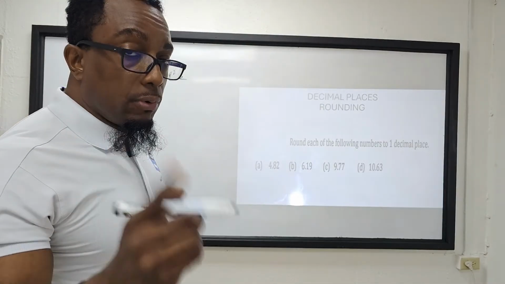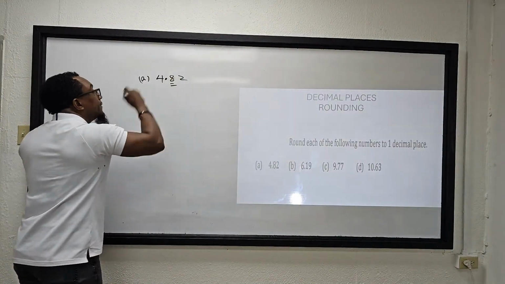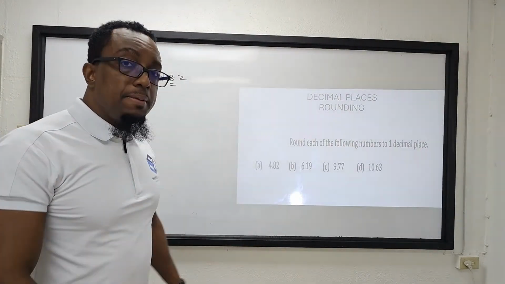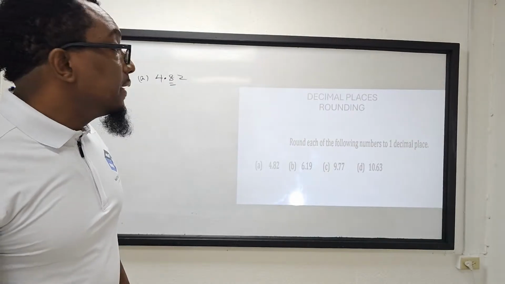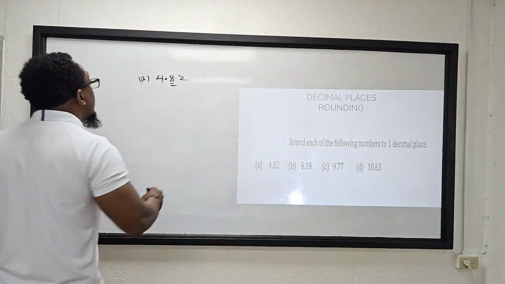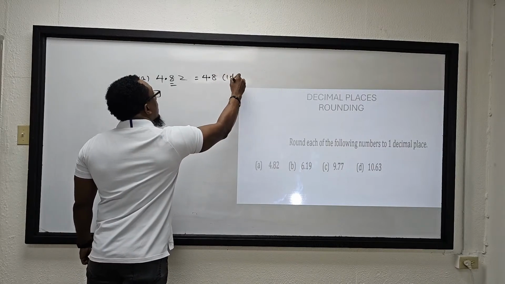Don't move the point, but count the position after the point. 1. I look at the number immediately after, which is 2. It's less than 5, so my 8 stays as it is. So this will be equal to 4.8 to 1 dp.